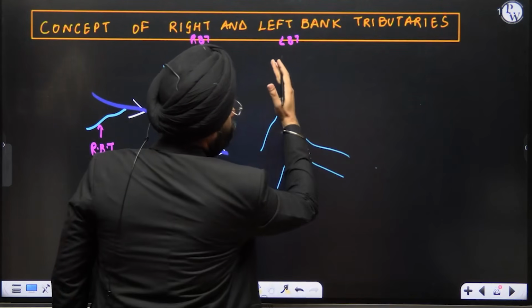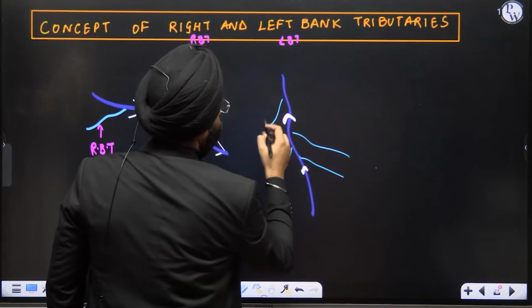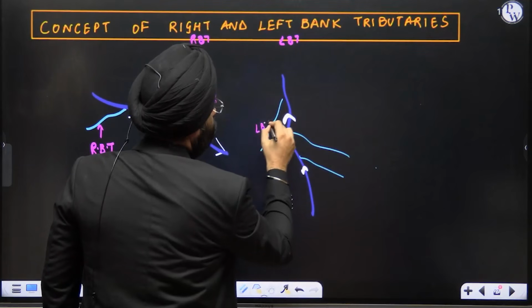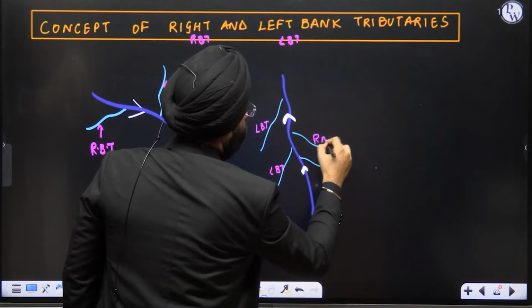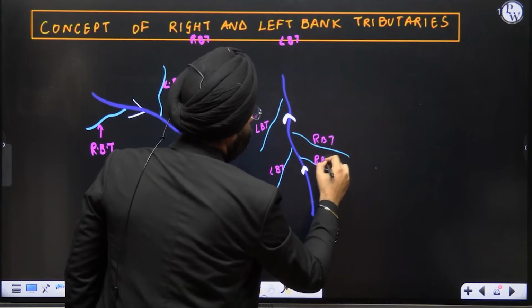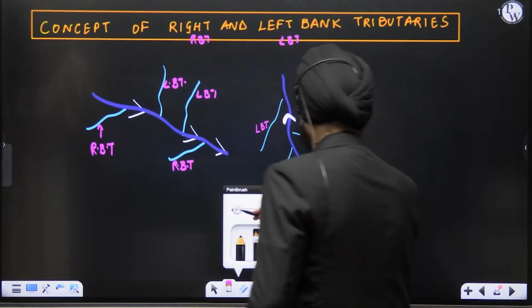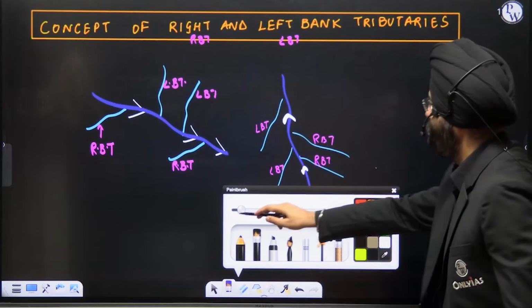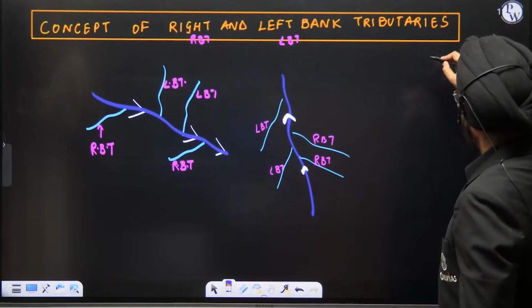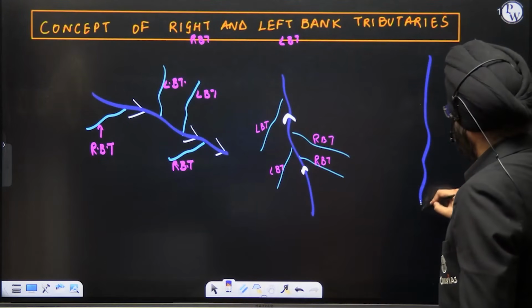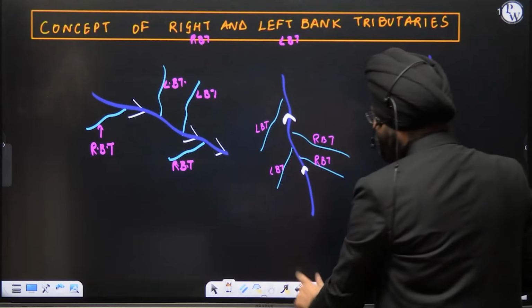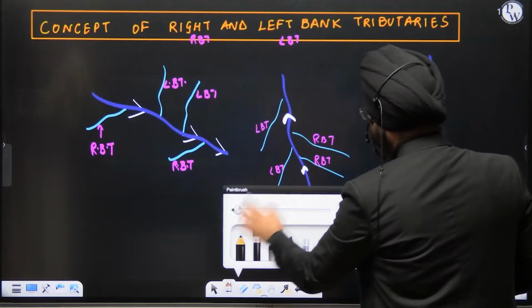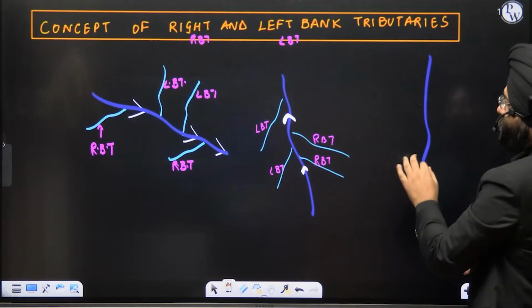With respect to the direction of flow, the ones on the left are left bank tributaries, and the ones from the right are right bank tributaries. Now, let me turn the condition completely over here. The river is flowing in this direction. Please understand, under normal circumstances, if I do not know the direction of flow, things will be reversed.